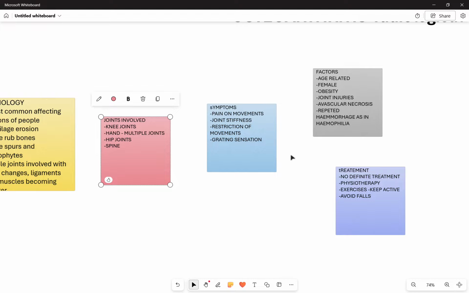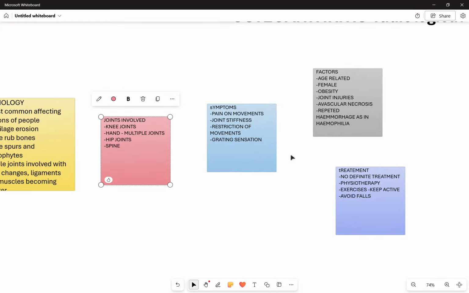Obesity is one factor where the joint has to bear a large amount of weight. Then there may be joint injuries, particularly sports injuries, maybe a history of avascular necrosis, like fracture neck of femur, where the head of the femur is deprived of its blood supply and undergoes avascular necrosis. And repeated hemorrhages in the joints, like in hemophilia.